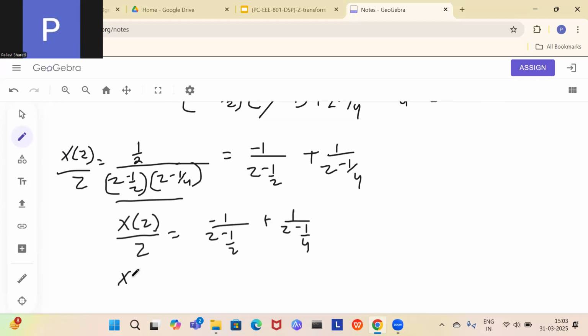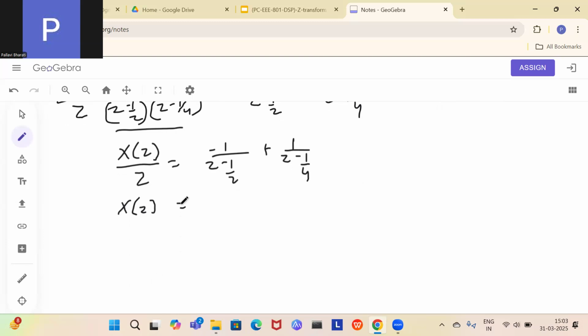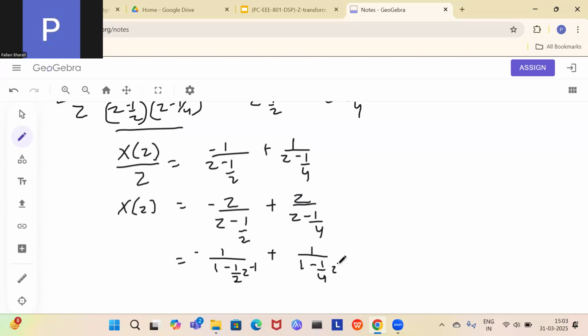Now we can write this as X(z) equal to minus z by (z minus half), making this z go to this side, plus z by (z minus 1/4). Now if you divide both the numerator and denominator in both the terms by z, we get 1 by (1 minus half z inverse), and here you get 1 by (1 minus 1/4 z inverse).